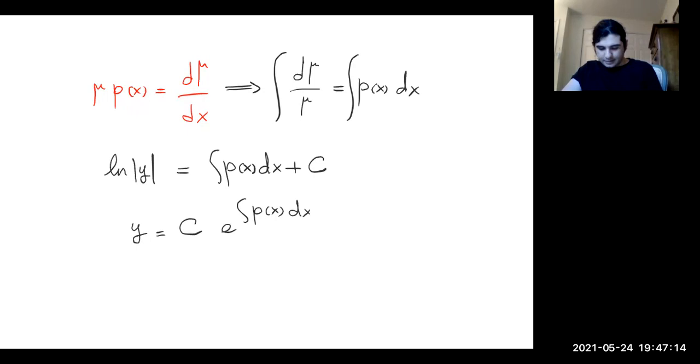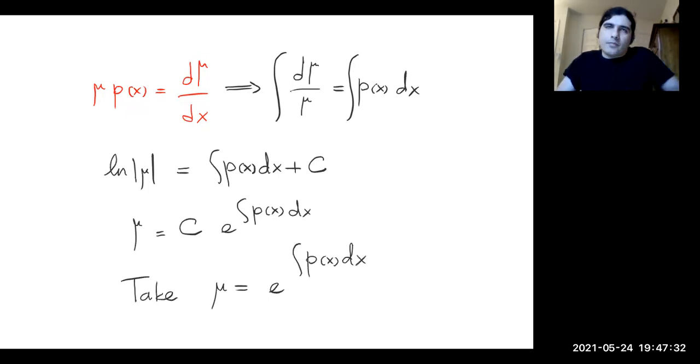Sorry, this is not y, this is mu. I do not need all the solutions mu, I need just one. I can take c to be 1, so mu is e to the integral of p of x dx. That would be the way to do it in a general situation.